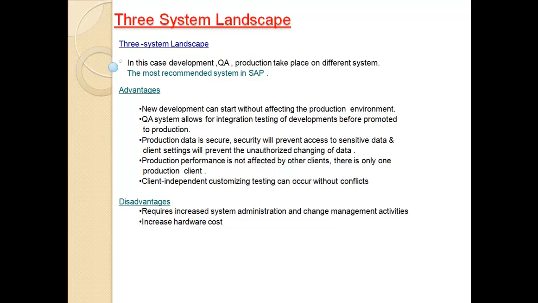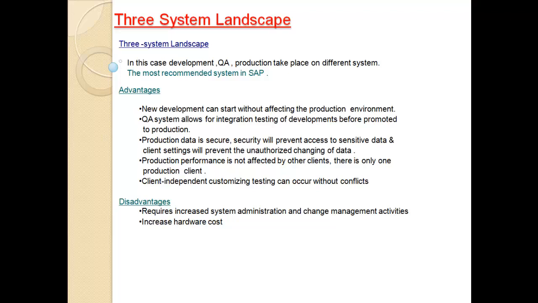Last but not least is the three system landscape. In this case, development, quality and production take place on different systems. It is the most recommended system in SAP. What are the advantages? New development can start without affecting the production environment. The quality system allows for integration testing of developments before they are promoted to production.